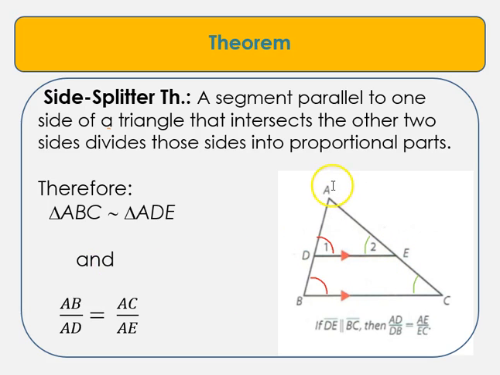And AB, the left side of the large triangle, over AD, the left side of the small triangle, equals AC, the right side of the large triangle, over AE, the right side of the small triangle. Now this is part of the proof. This is how they're going to prove that the pieces can be in proportion.